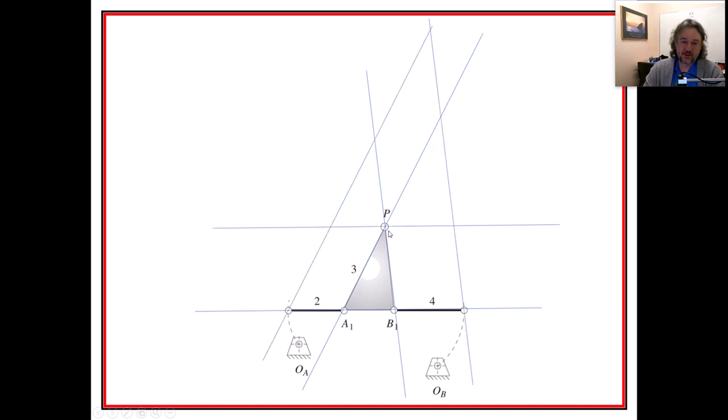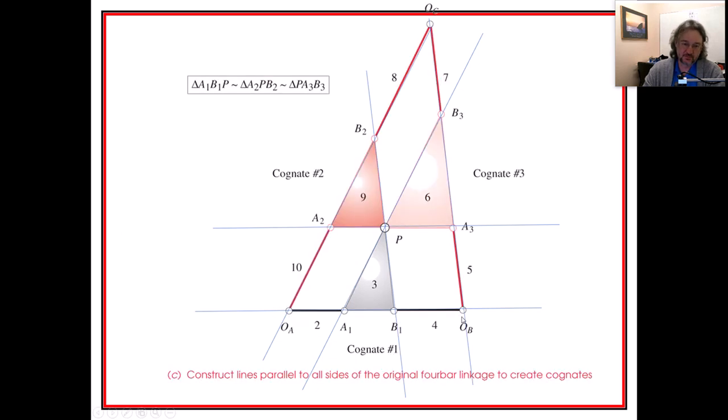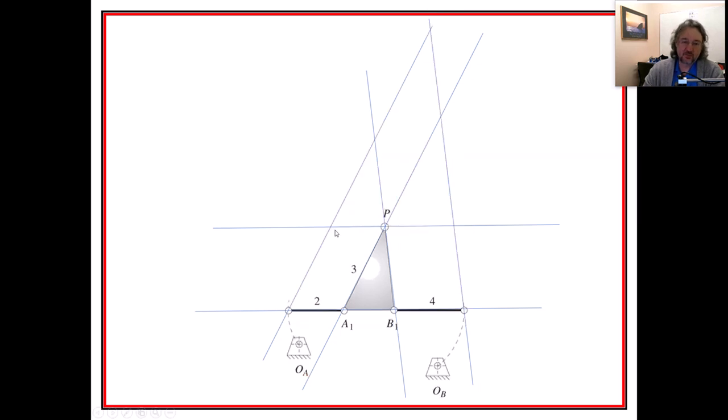Then we draw lines that are parallel to them, passing through the new points. These hold down points. Now those triangles that they form, this one right here, will be another coupler extension. The same point of interest, but now it'll look like over here.